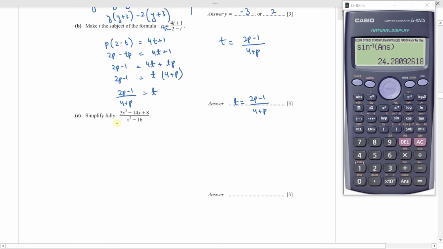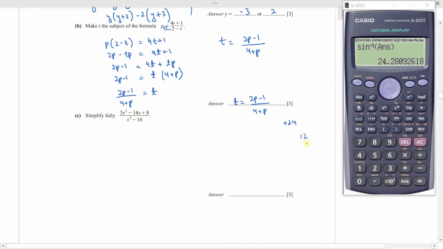Part C is simplify fully. So I can factorize both the numerator and denominator. So again, I'll multiply this plus 8 with this 3. So 8 times 3 is plus 24. So now I'm looking for factors of 24, which if I add, I should get minus 14.